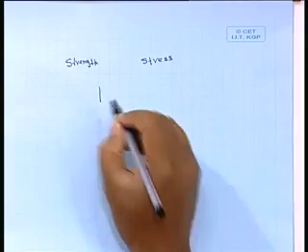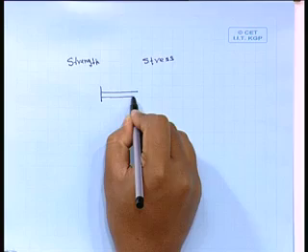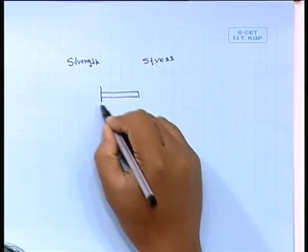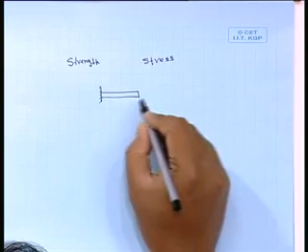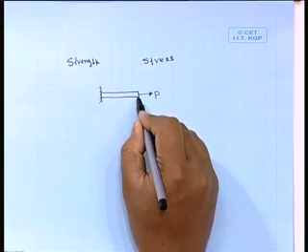Now, let us define what stress is. We can take a very simple case, sometimes we say it is a case of simple stress. There is a force P, right.